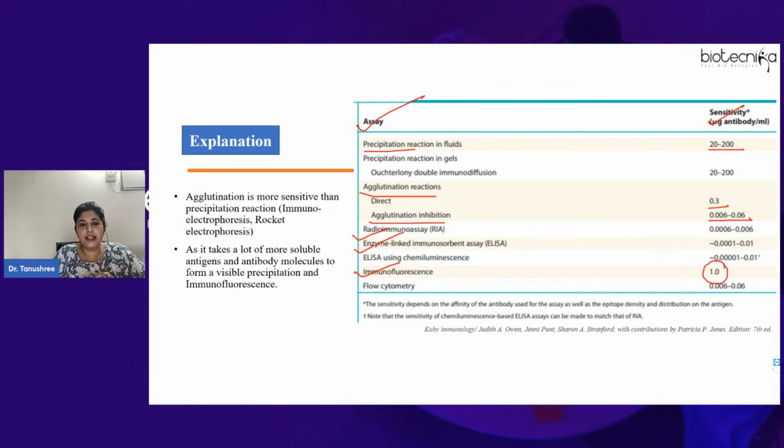Now tell me what the answer is. What do you think is the most sensitive technique? Agglutination is more sensitive than precipitation reactions, which are the techniques like immunoelectrophoresis and rocket electrophoresis. And then you have immunofluorescence. So please tell me now what you say, what is the answer here after going through this table.